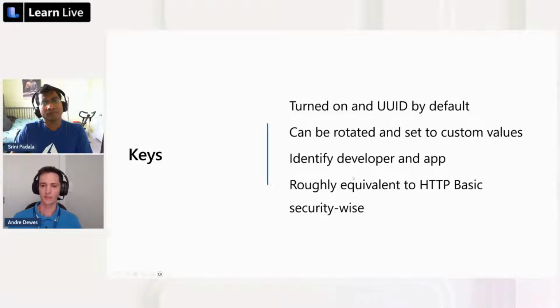So that's just a way to identify if it's coming from a specific developer or a specific application, depending on how you configure the subscription keys there in the portal. But security-wise, it's very equivalent to having HTTP basic, which is like having a fixed or hard-coded login/password. So it's a weak security.